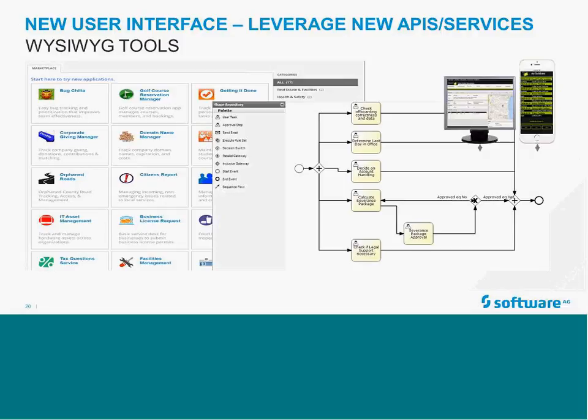So that's actually something new that leverages services. And typically you want to use WYSIWYG tools, something like Software AG's CAF, which is drag and drop. I want to connect this service to this UI, and I'd like to make a radio button, and I'd like to make a drop-down box and those kinds of things.